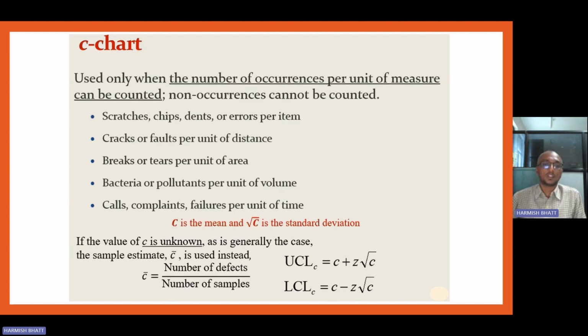After finding the C bar value, the UCL can be found by the equation C bar plus Z under root C bar, and the lower limit by C bar minus Z under root C bar.